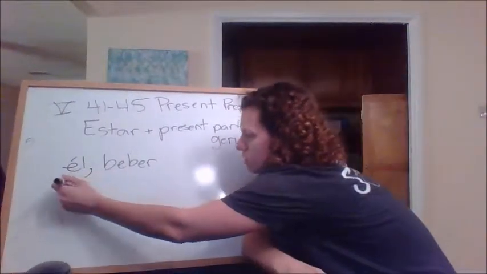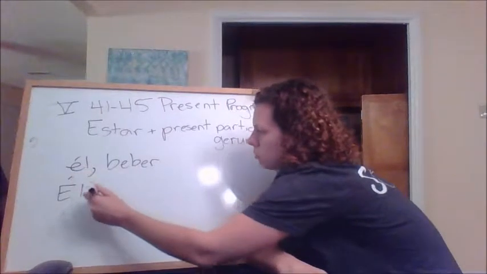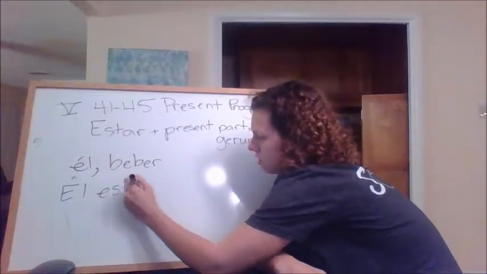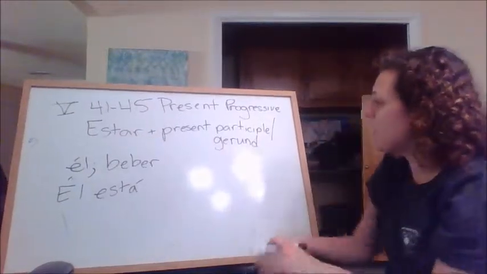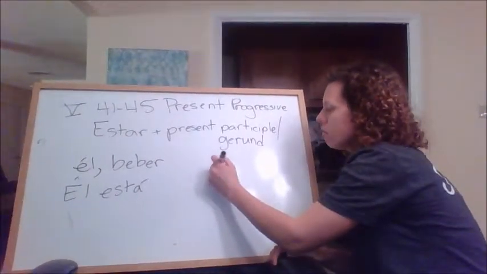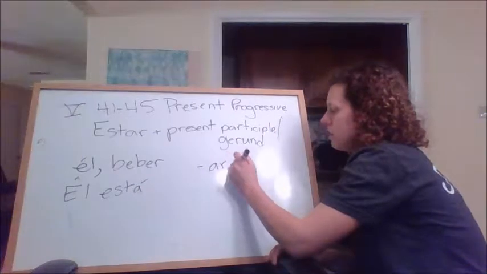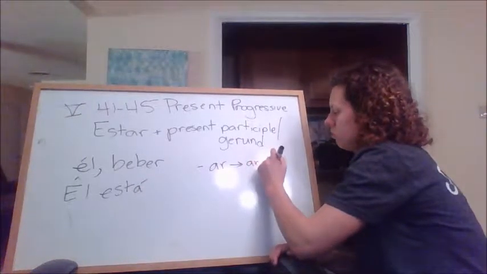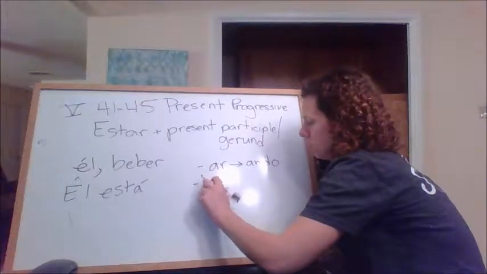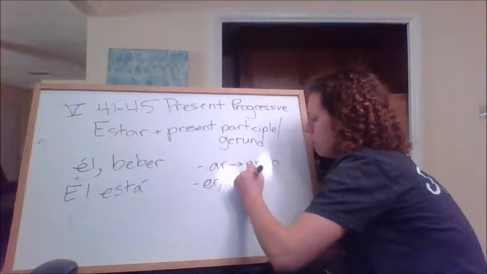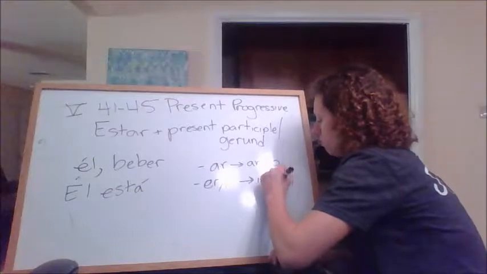So we start off and we say él está, and then remember that if we have an AR verb, it becomes ando. If we have an ER or IR, it becomes yendo.